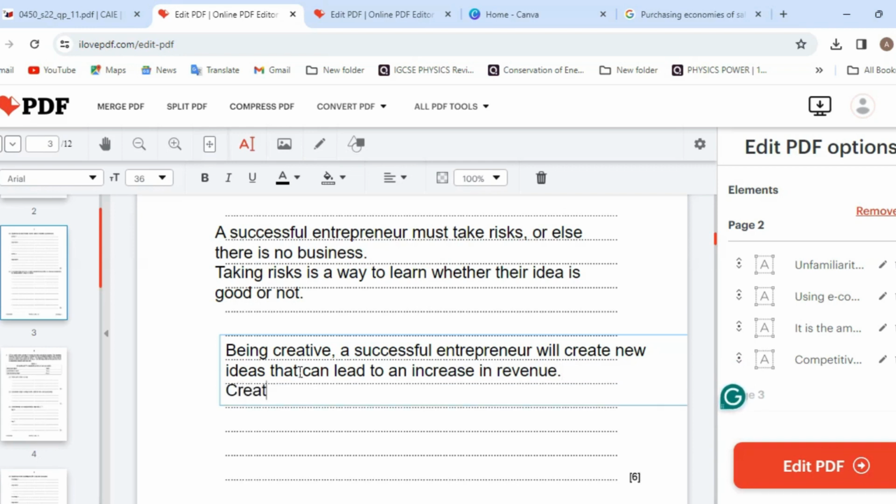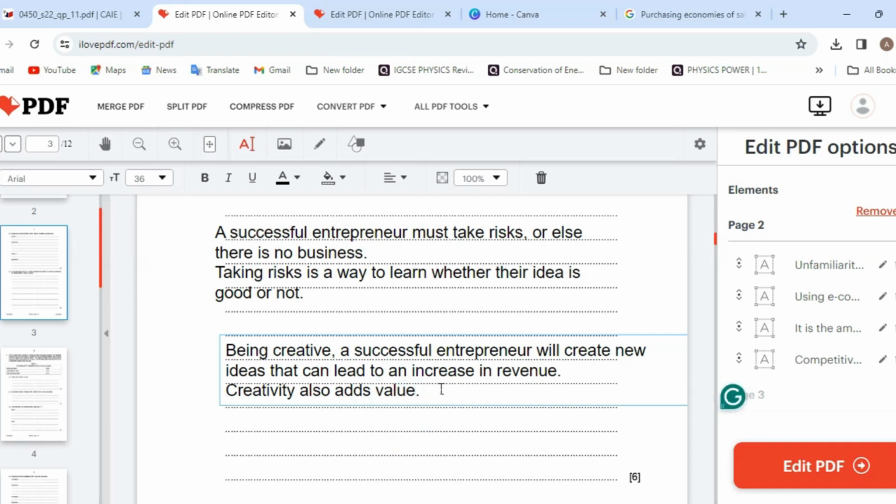Let's say creativity also adds value. So when a successful entrepreneur is being creative, of course, it will add value, and he or she can actually charge a high price.